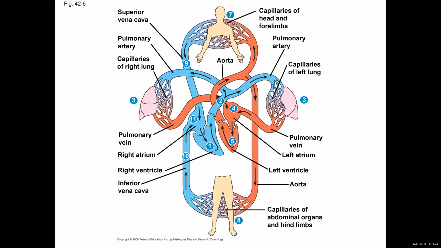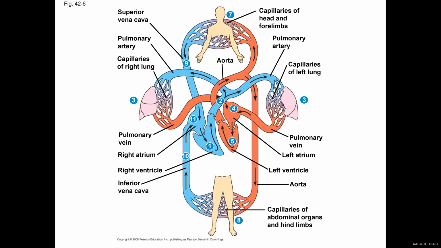But notice the lungs. Deoxygenated blood is going to come to the right side of the heart. Now, you may have noticed, Professor, looking at this diagram, that's the left side of the diagram. But you have to imagine that you are a world famous heart surgeon looking at the body of a patient laying on the table in front of you.